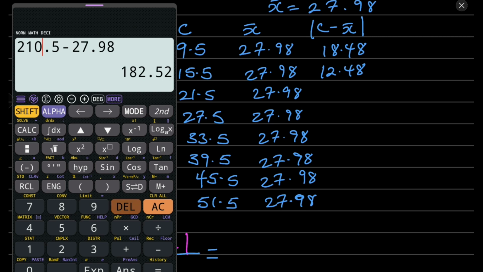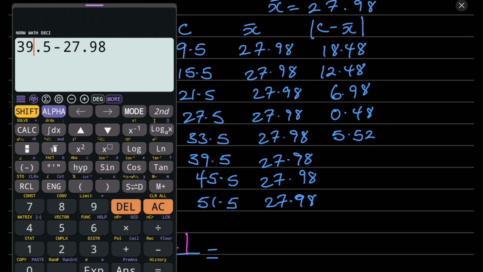The next value, 21.5, gives 6.98. Then we move to 27.5, which gives 0.48. Next we have 33.5, which gives 5.52, then 39.5 gives 11.52.